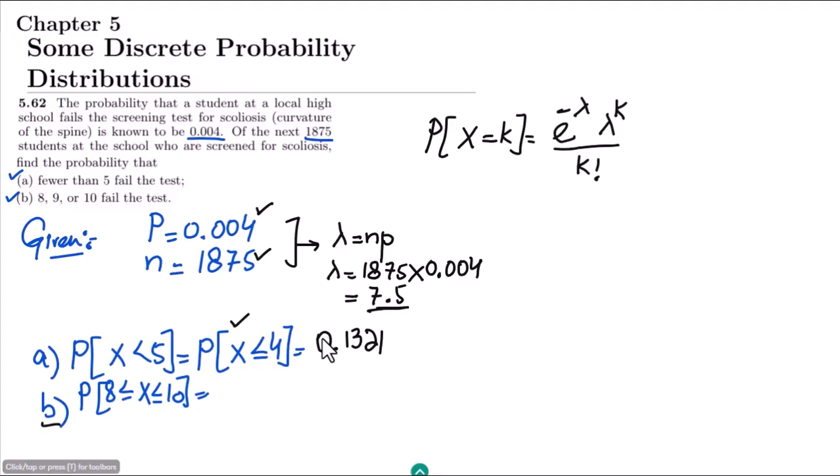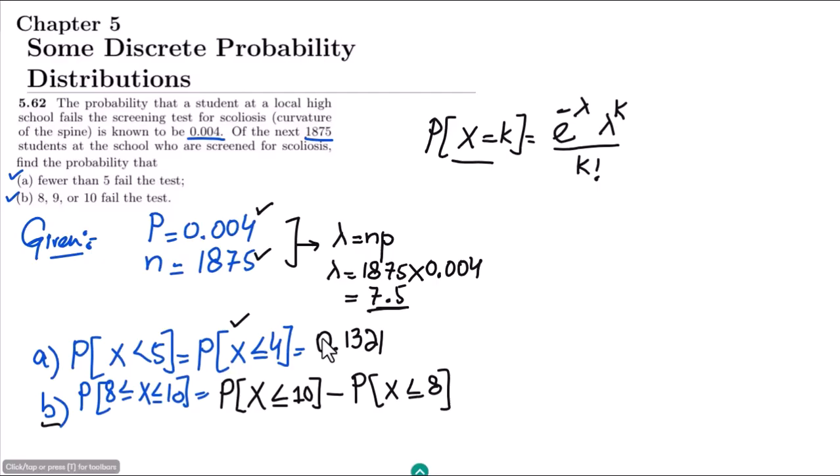Similarly, in part B of my question, what do I have to find out? I have to find the probability that x is greater than or equal to 8 and less than or equal to 10. What we can do here again is use this formula for x equal to 8, 9 and 10 and then add them together. This is one method. The other method is the tabular method, where I use the probability that x is less than or equal to 10, and from it I subtract the probability that x is less than or equal to 8.